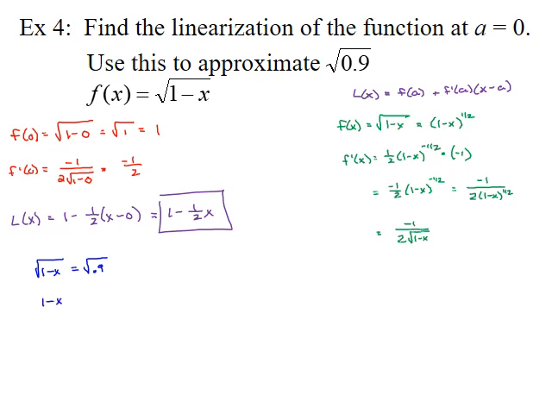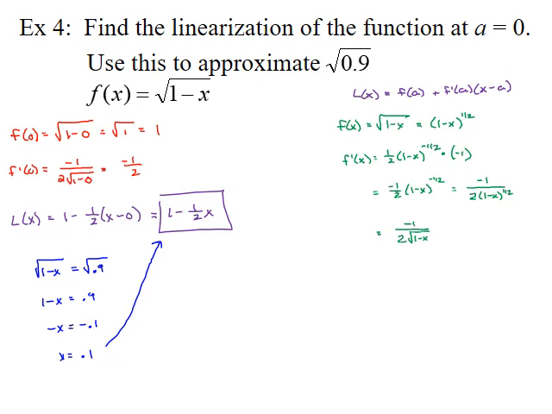That means I need 1 minus x to equal 0.9. If I subtract the 1 over, 0.9 minus 1 is negative 0.1, and then dividing both sides by negative 1 means that x is 0.1. That's the number you're going to plug in.